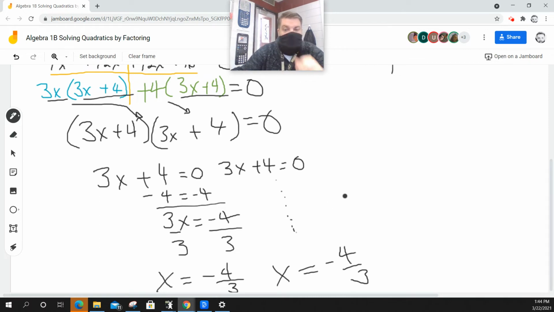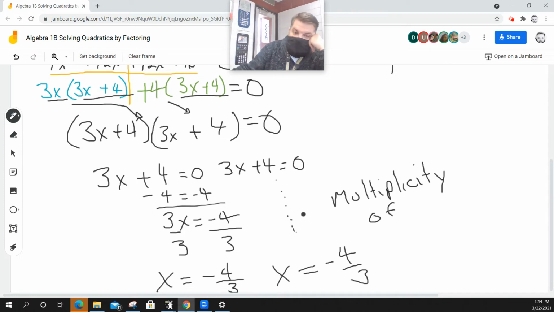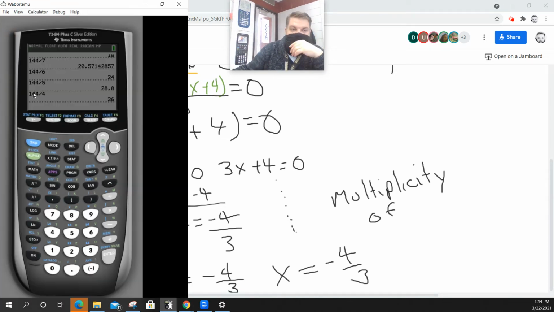Now, this is what we call a multiplicity of 2. Now, what that means is that sometimes this means the graph touches at the point x equals negative 4 thirds. So let me show you. I'm going to go into my calculator. I'm going to hit y equals.